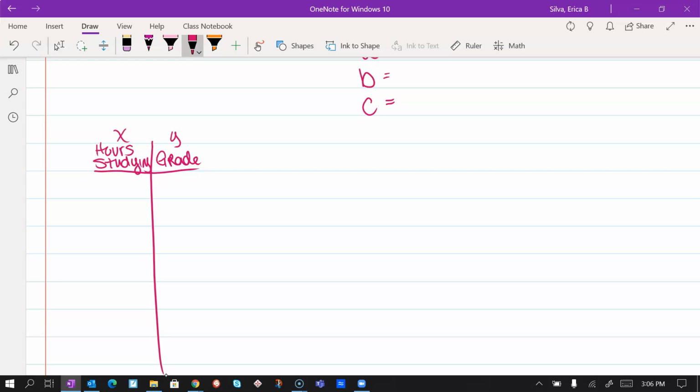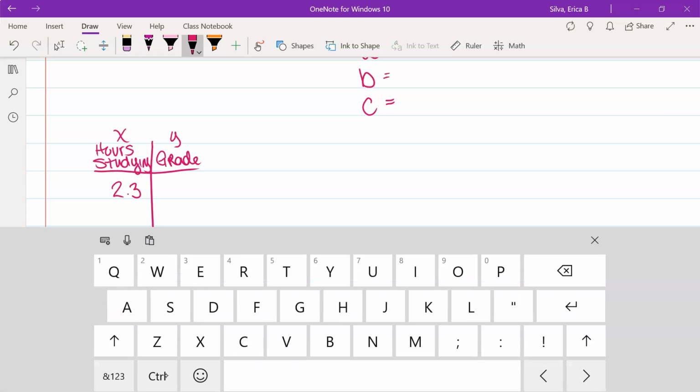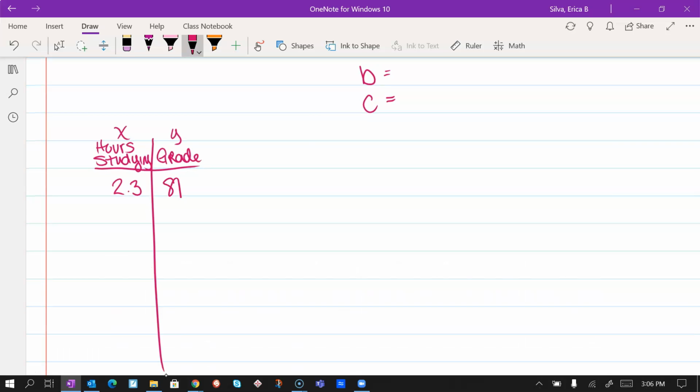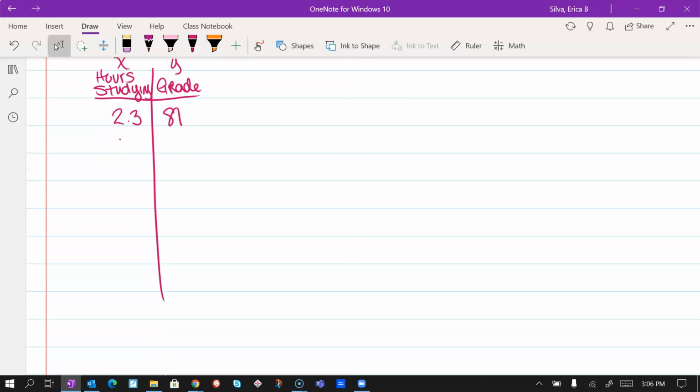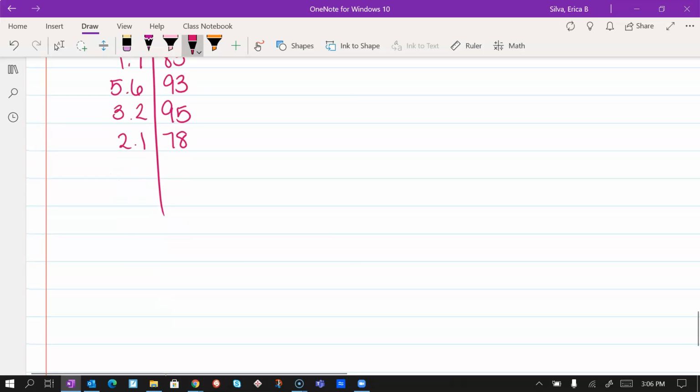This data that was gathered compared the hours somebody studied to the grade that they got. So if they studied 2.3 hours, their grade was an 81. 1.7 hours, grade was an 83. 5.6, 93. 3.2, a 95. 2.1, they got a 78. 3.3, they got a 91.